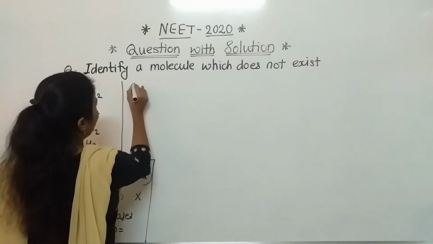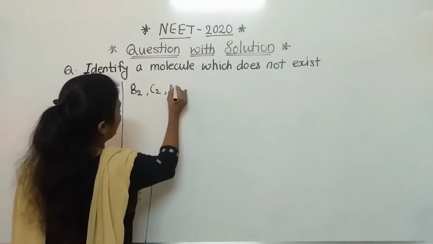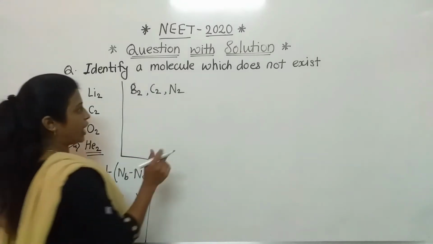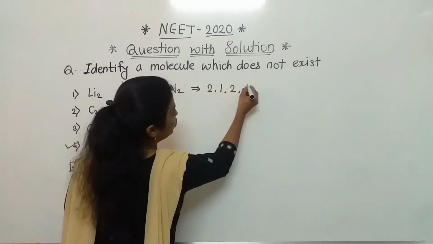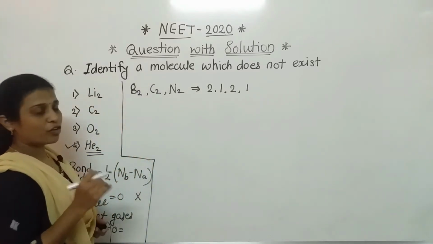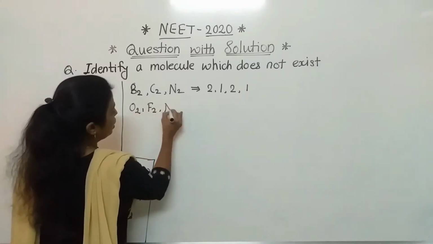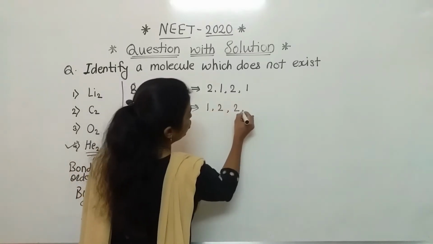For boron, carbon, nitrogen, when we write the molecular electronic configuration, we have to keep in mind 2 1 2 1. When we discuss the molecular electronic configuration of oxygen, fluorine, neon, we have to keep in mind 1 2 2 1.